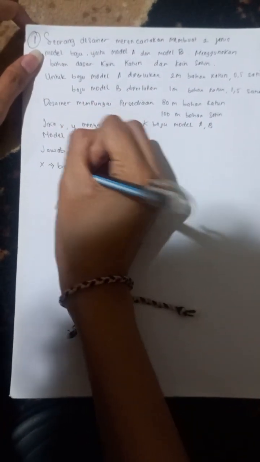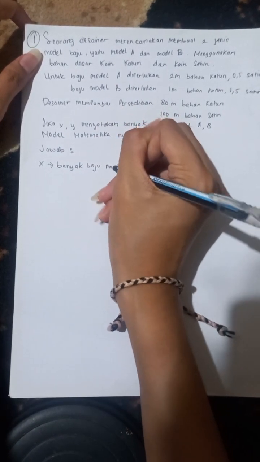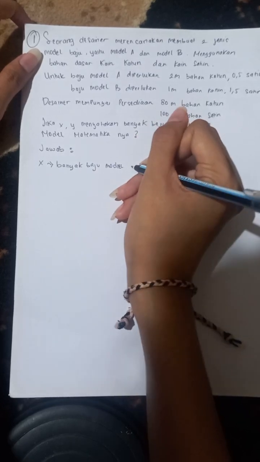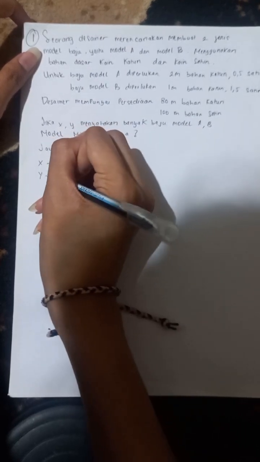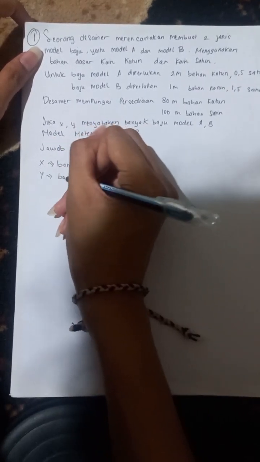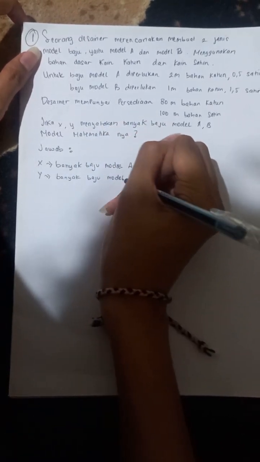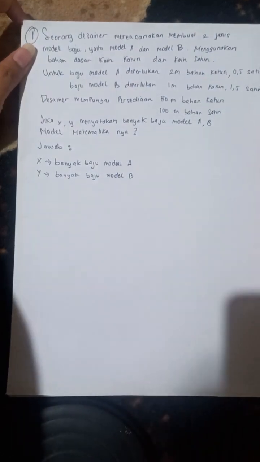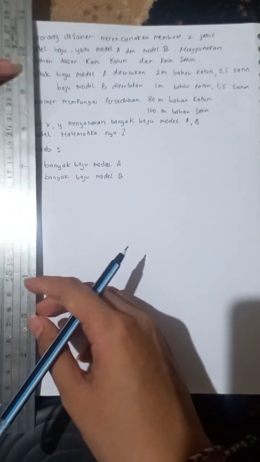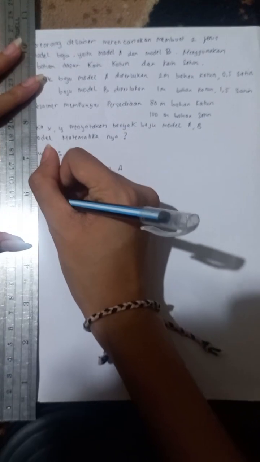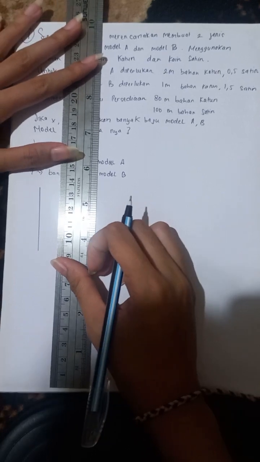It is known that x is the number of models of type A and y is the number of models of type B. First of all, we prepare a table and fill it with 4 columns.